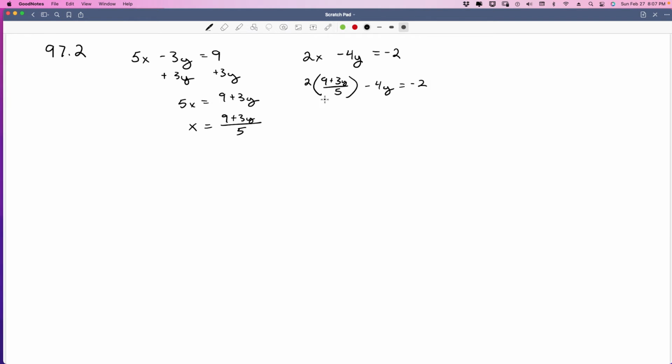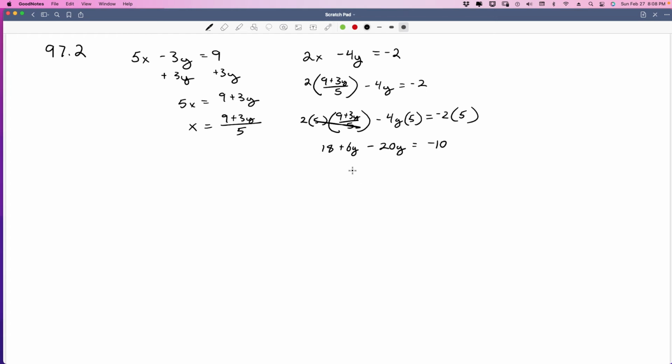We're going to multiply everything by 5 to get rid of the denominator. So 2 times 5 times 9 plus 3y over 5, minus 4y times 5 equals negative 2 times 5. These two 5's cancel, and we are left with 18 plus 6y minus 20y is equal to negative 10.